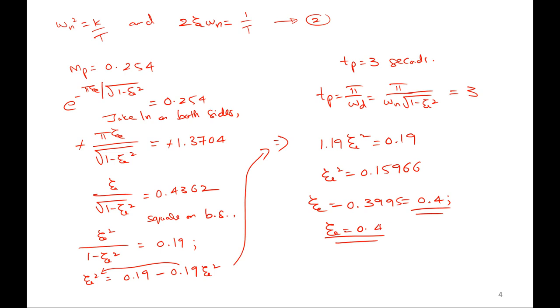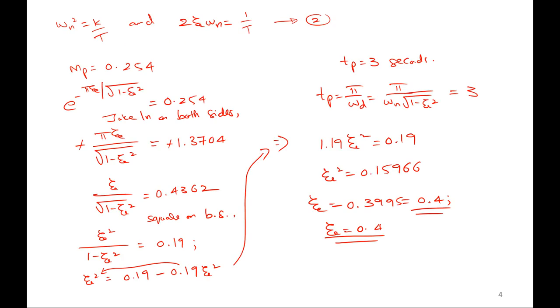I'll go to the next slide. Tp equal to pi by omega d, which is pi divided by omega n into under root of 1 minus z square, and that is equal to 3 seconds. We found that z equals 0.4.